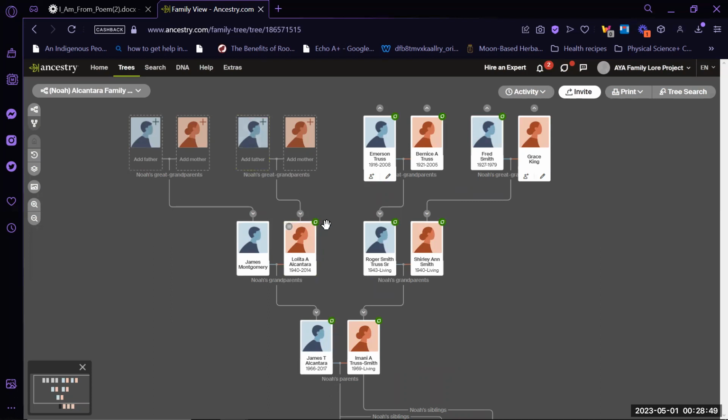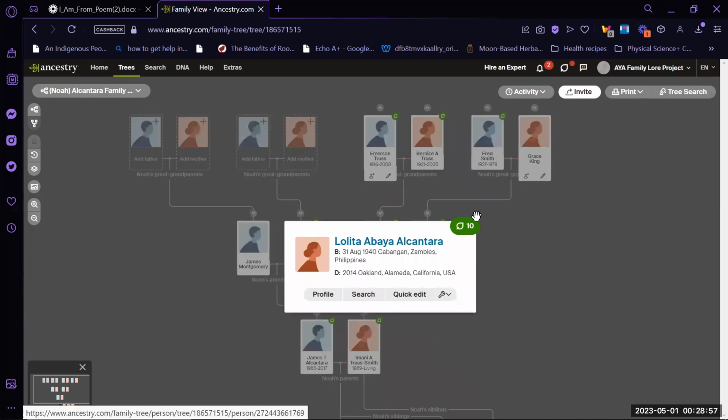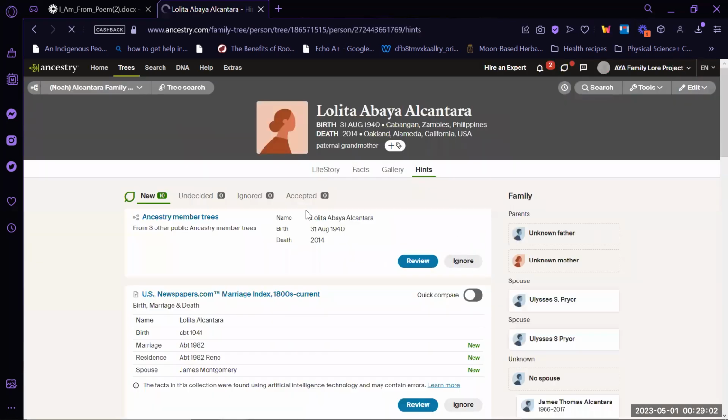I'll be using my grandma Lolita, my grandma on my father's side, and one of her hints to show you how to look at certain documents. As you can see, she has 10 right here. You click on it, and it pulls up a number of sources of information that you can use.